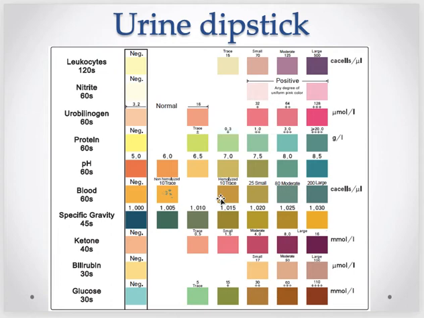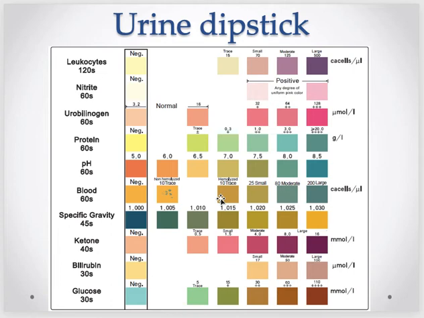So this test checks for leukocytes. If leukocyte esterase is there, of course it will come back positive for leukocytes, which will point towards the patient having an infection. And what about nitrite?